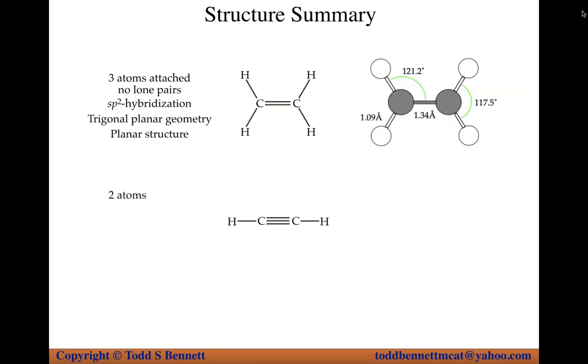And then for the alkyne, let me go ahead and give the name of these structures. This is ethene, and it is an alkene. This is ethyne, and it is known as an alkyne. Enes have double bonds, ynes have triple bonds, anes have only single bonds everywhere.